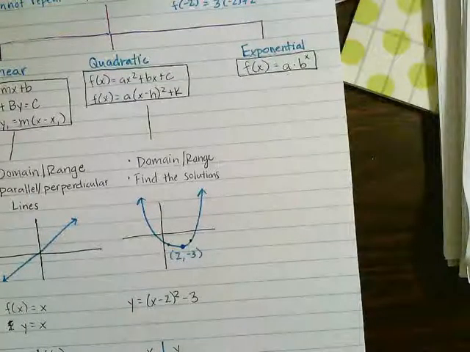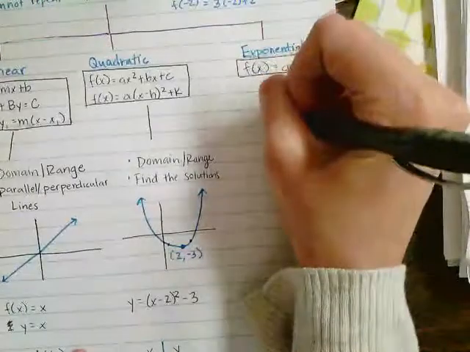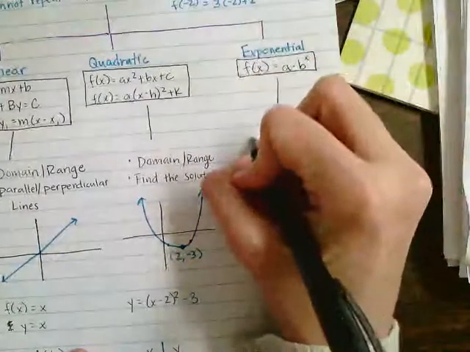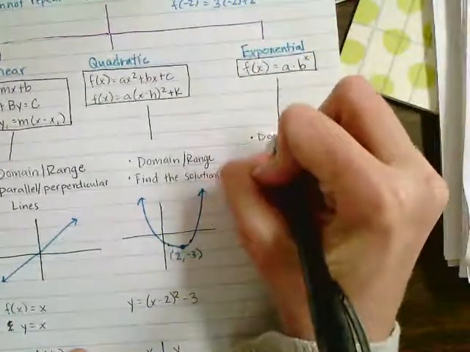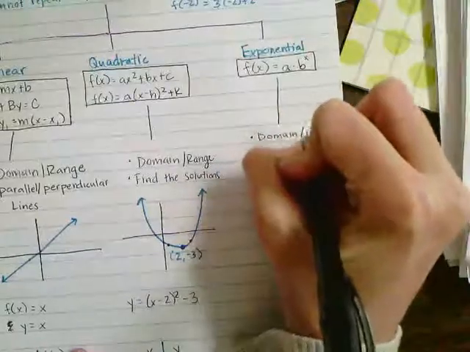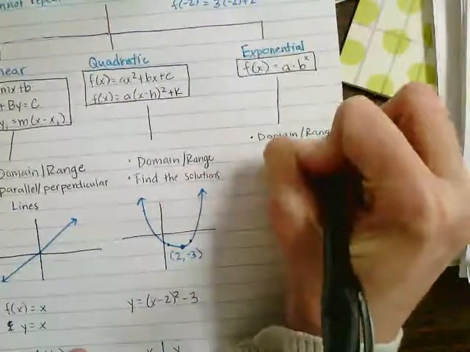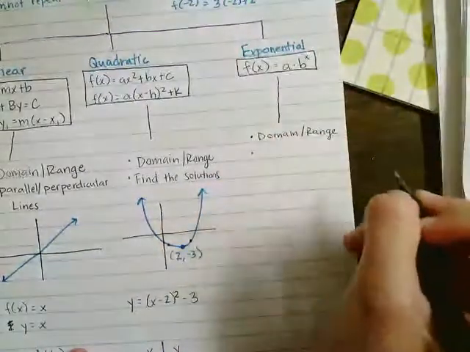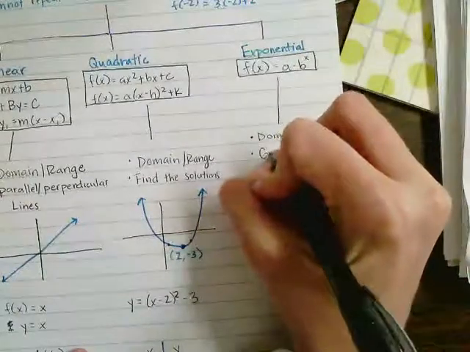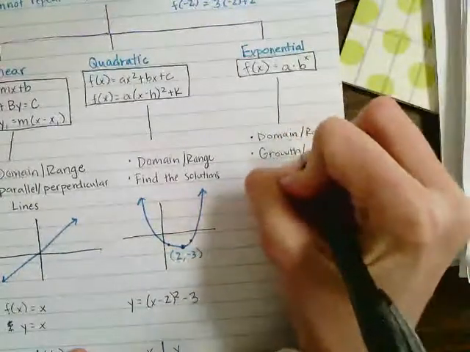So within the exponential functions, you are required to know, I hope you're seeing a pattern here, domain and range. And then also you're asked to know growth and decay.